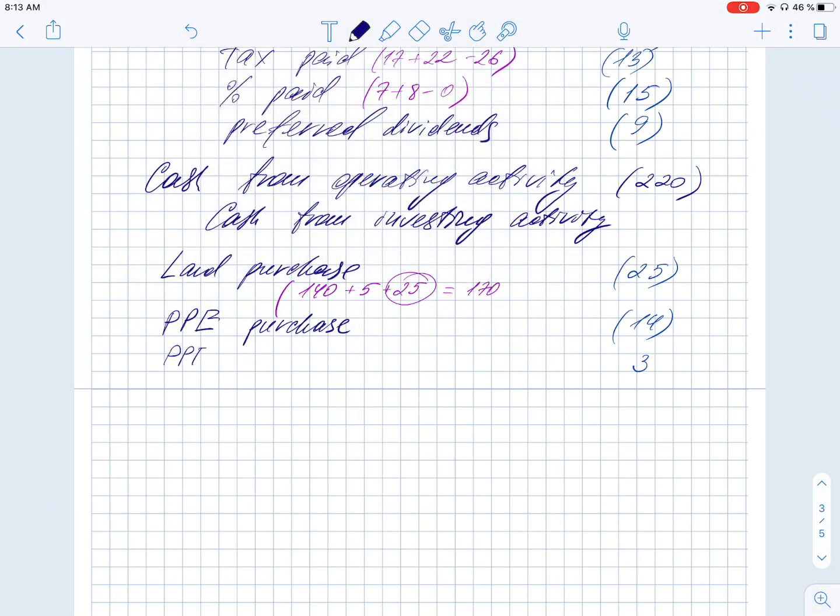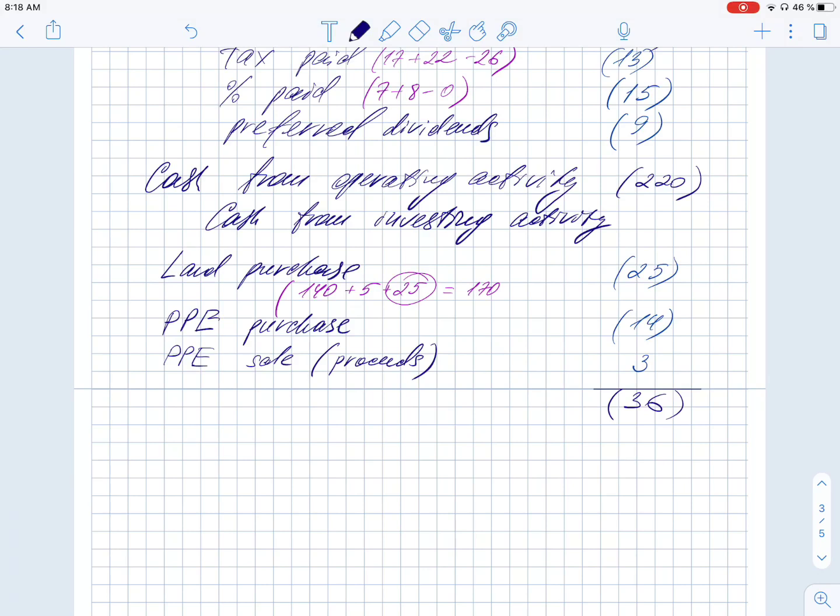So property, plant, and equipment sale proceeds will lead to an insignificant increase in cash of 3,000. Basically, that is all. Nothing should be added here, and we can calculate the subtotal of that section, which is 36 with a minus sign, negative, and this is the total cash from investing activity.